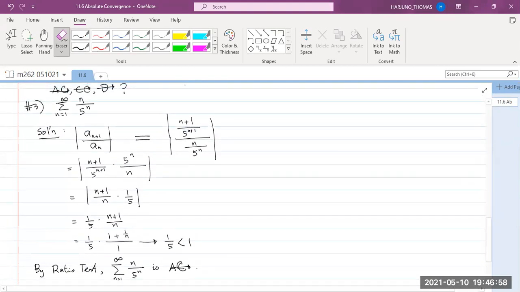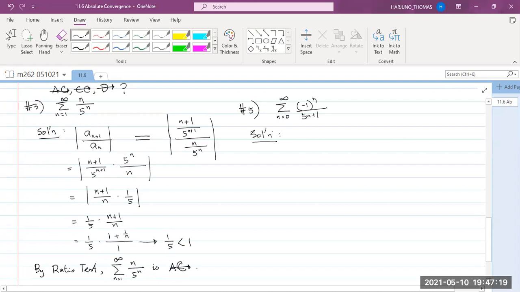Let's see number 5. We have this, from 0 to infinity this time. Solution, again, I will use the ratio test.